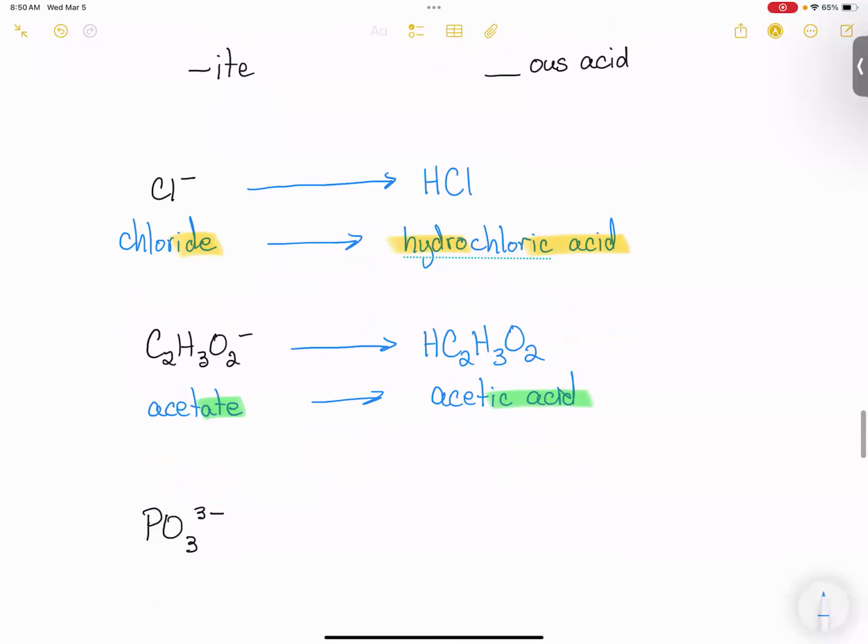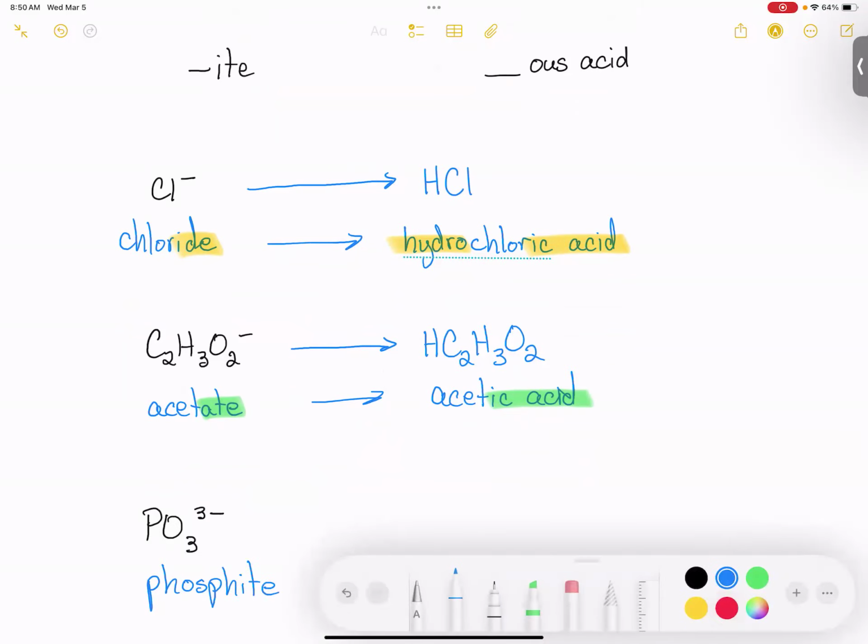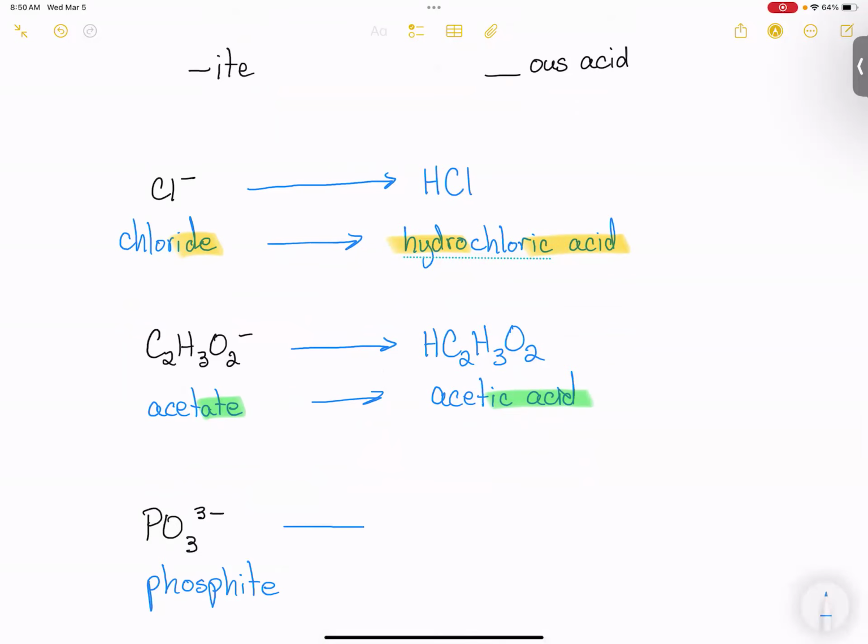The next one here is phosphite. First of all, the formula, because it's a -3 charge, means that the acid is going to have 3 hydrogens.